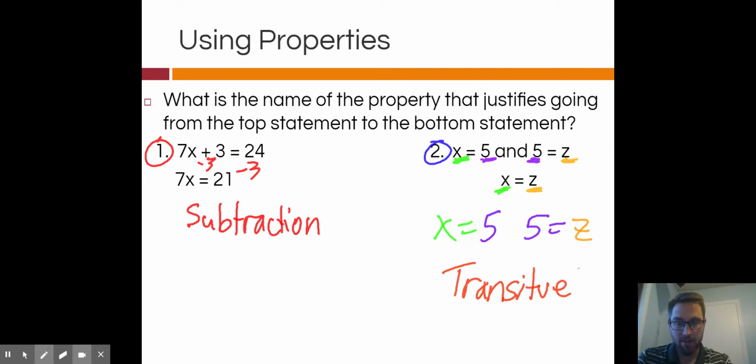Oh, my pen glitched a little bit. Transitive, T-I-V. The transitive property says that if we have that top line, x equals 5 and 5 equals z, then we can just put the first and the third thing equal to each other. You also could argue that that maybe was the substitution property. So that is also correct, but I would say transitive property. And that's how we use these properties.